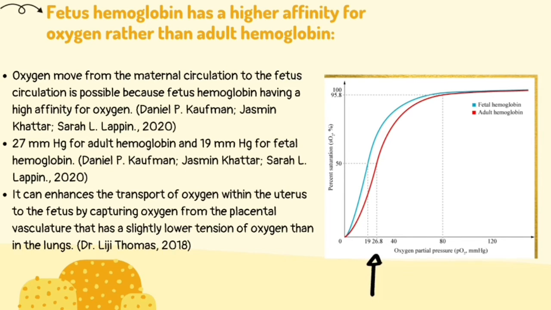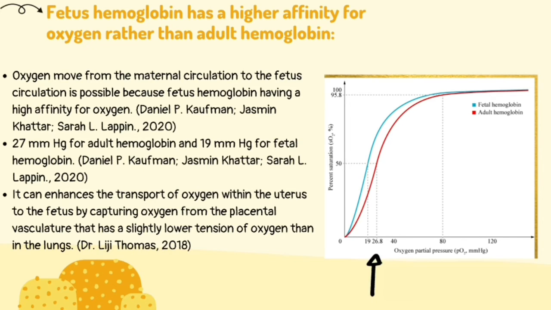In contrast to 27 mm Hg for adult hemoglobin, the partial pressure at which fetal hemoglobin is half saturated with oxygen is 90 mm Hg. This value suggests that fetal hemoglobin has a high oxygen affinity, allowing it to more readily bind oxygen from the maternal circulation.